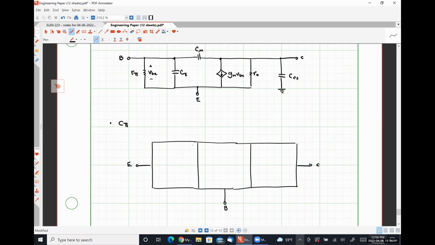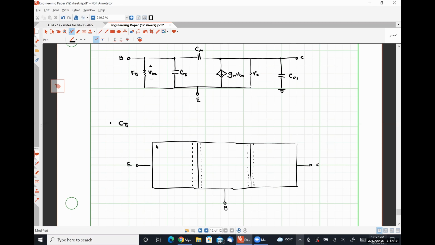And these dashed lines here represent the width of the depletion region for the base emitter junction. And these guys over here represent the width of the depletion region for the base collector junction.